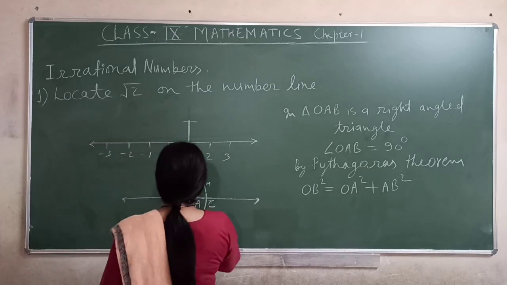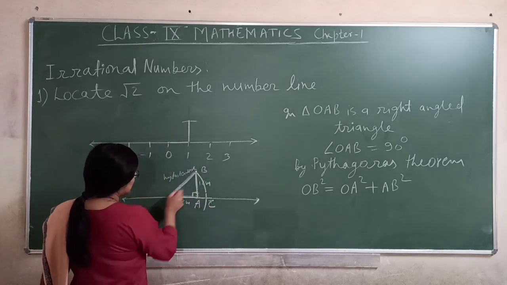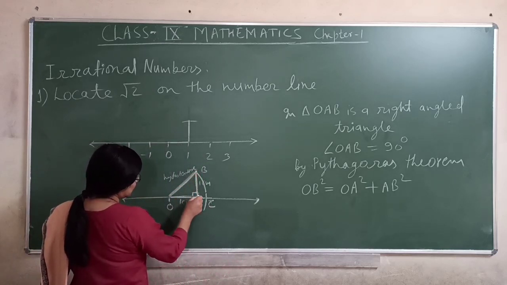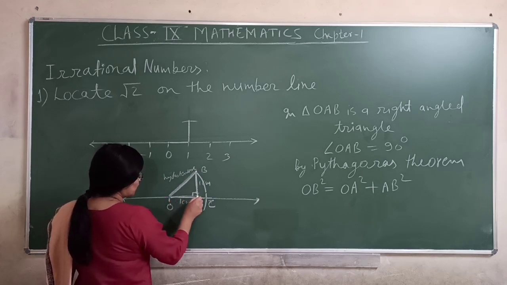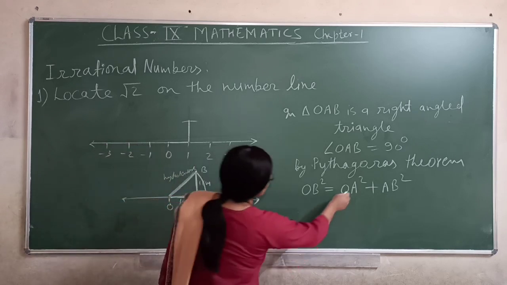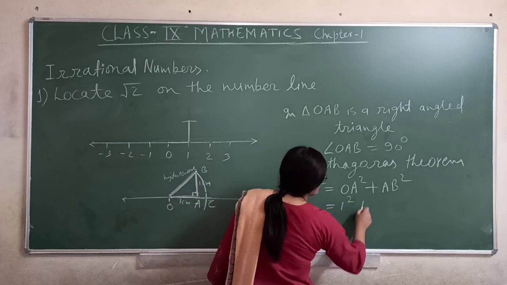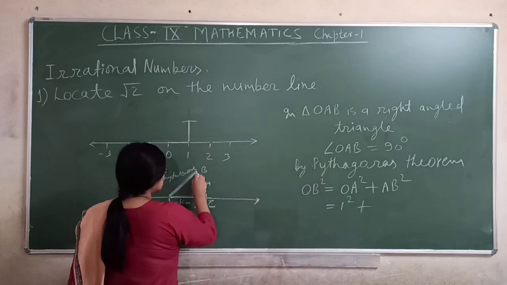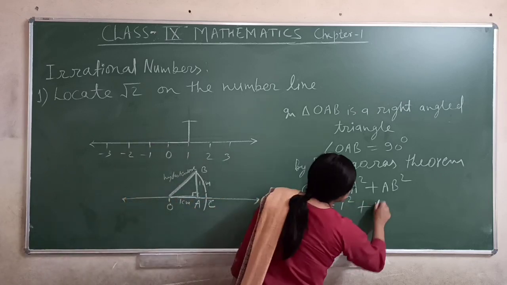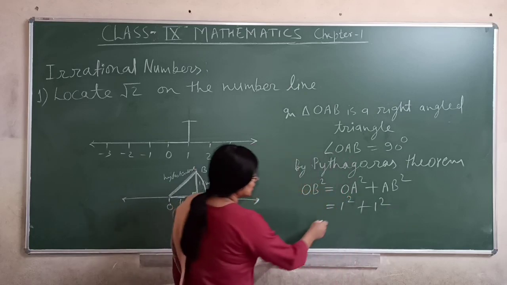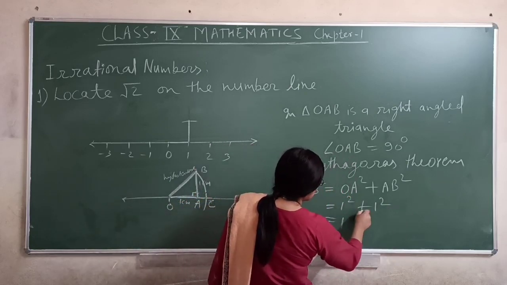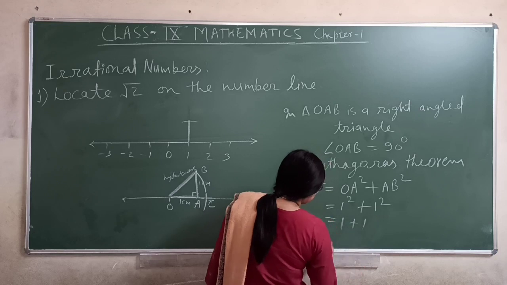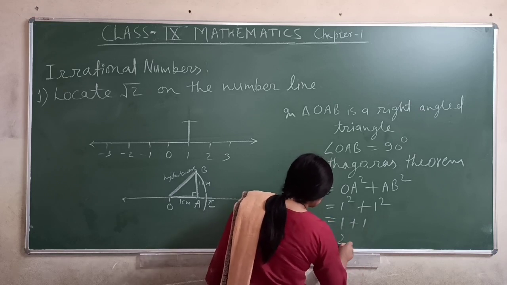Now we have to find out OB. This one is 1 centimeter, so we will take 1 as OA. OA is 1 square plus this also 1 square. 1 square is 1, plus 1 square is 1, so 1 plus 1 is 2.